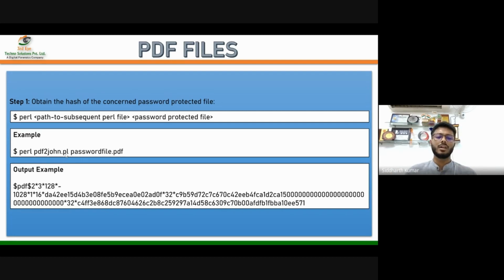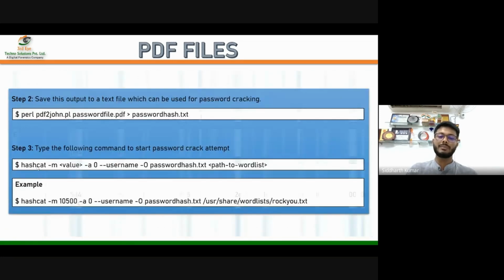Once that is done, you would be presented with the output. As you can see over here, I have added an example. Now it is basically the same steps being repeated, which we looked at in the previous slide or in the previous video. The next step is to save this output to a text file, which can be used for password cracking.